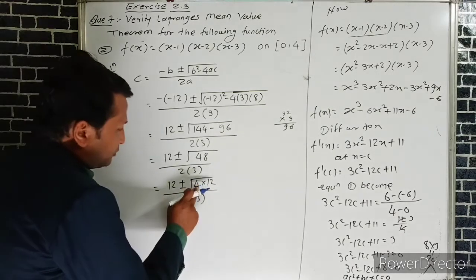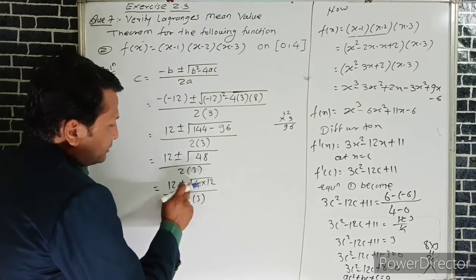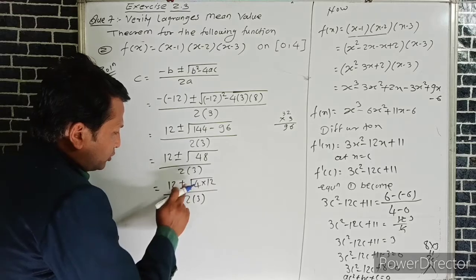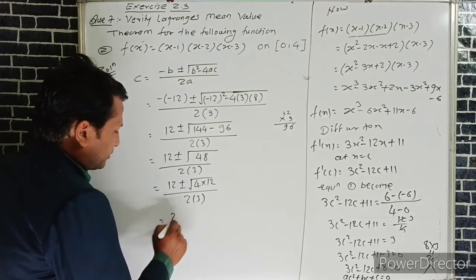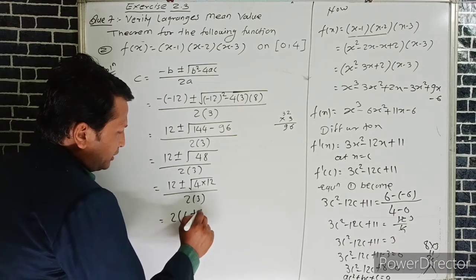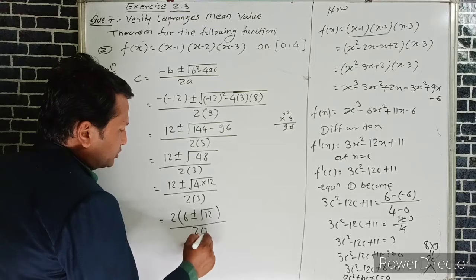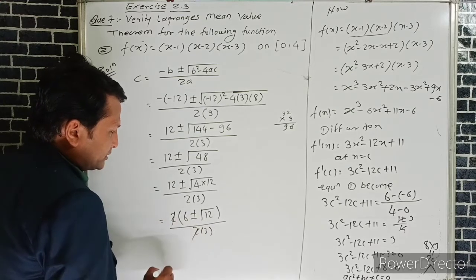So if we take this 4 out of the square root as 2, we can take 2 common from both terms. Here we can write 6 plus minus under root of 12 upon 2 root 3. So here the 2 gets cancelled.